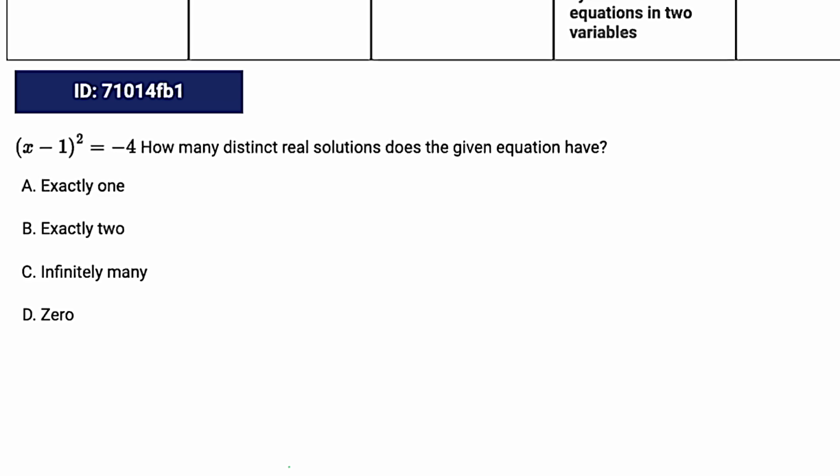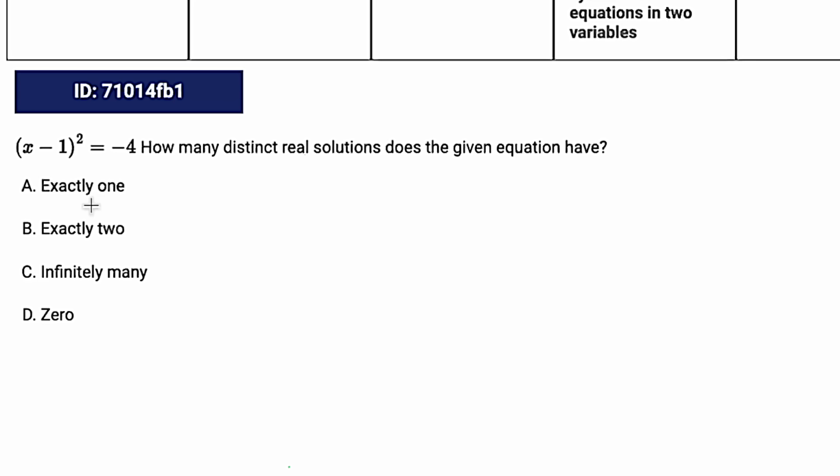We've already talked about how number of solutions is either going to be when they touch, if it's a system of equations, or if we have some sort of a quadratic, like it seems we do here, then it's going to be how many times do we cross the x-axis. So let's put in this equation, x minus 1 squared equals -4.